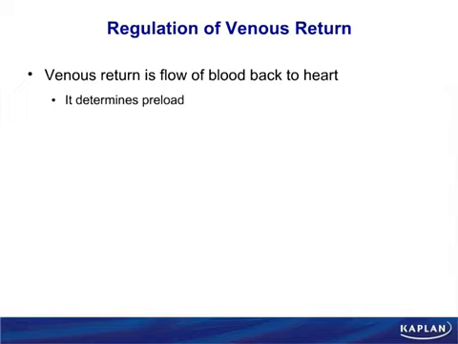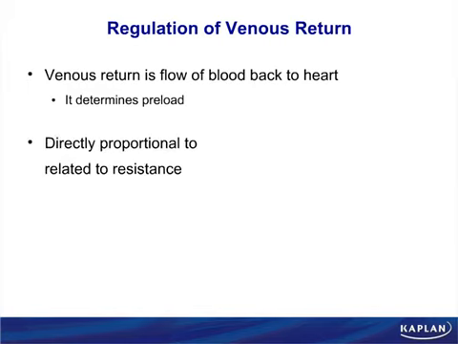And as we've already discussed, and we'll bring back in again, preload is a big player in ventricular function, right? Tip your cap to the ventricle for keeping you alive. That P in cap is preload. This is Frank Starling. All right, now, venous return is a flow. Therefore, it must follow the physics of flow. It is directly proportional to a pressure gradient and inversely related to resistance.